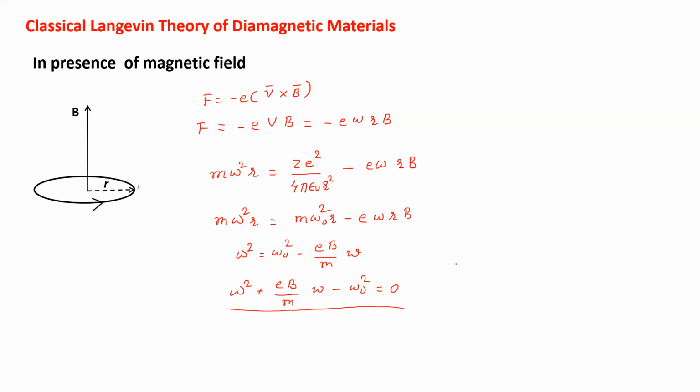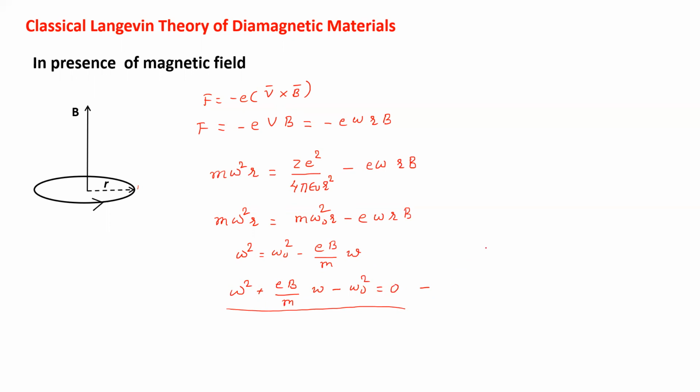We are considering a single orbit, and this equation is nothing but a quadratic equation in omega. So we can solve it. This equation is in the form a x square plus b x plus c, and the roots are given as x equal to minus b plus minus square root of b square minus 4ac, divided by 2a.